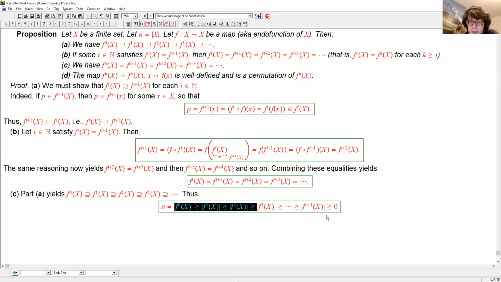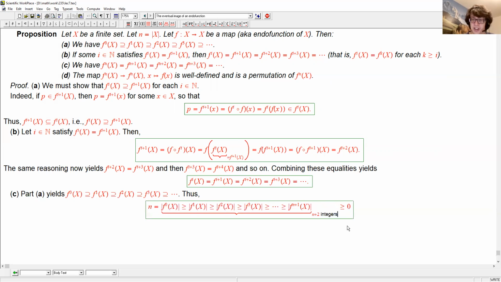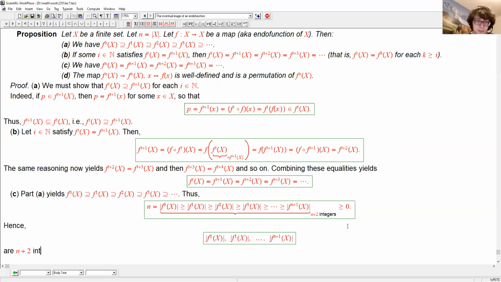And how many numbers do you have? You have n plus 1. No, you have n plus 2 numbers, integers, actually. So these are n plus 2 integers between 0 and n inclusive. But there are only n plus 1 integers between 0 and n.